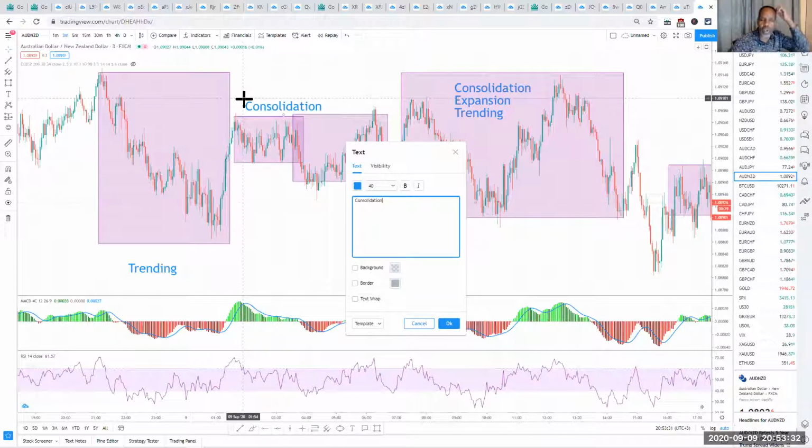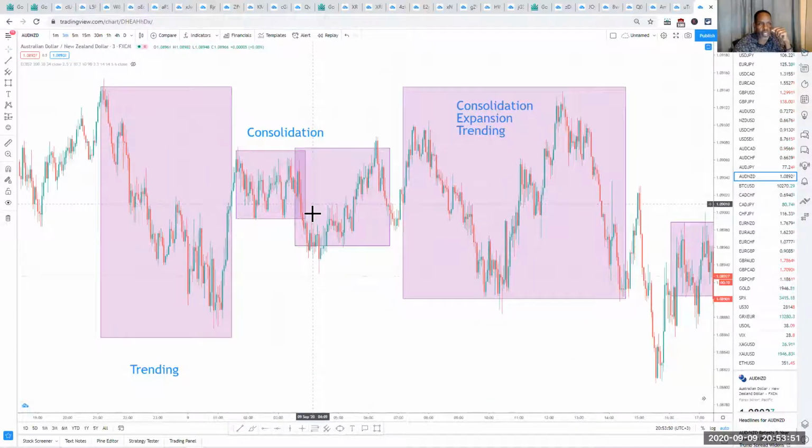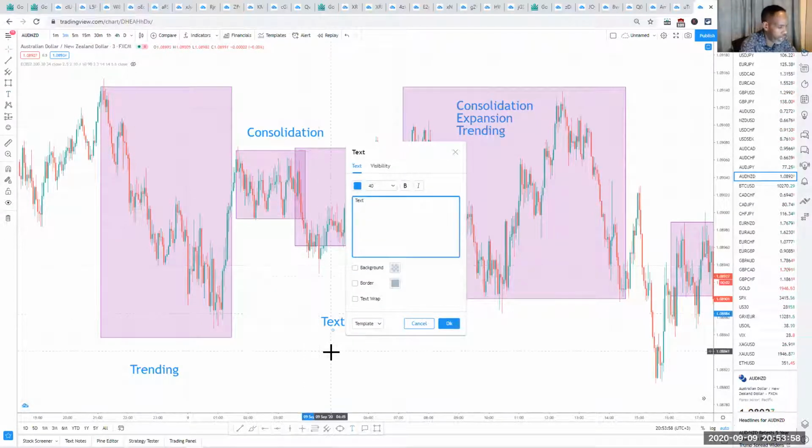Now, why am I telling you all these things? I'm telling you all these things so that you are able to choose the style of how you trade in any one of these areas, okay? So this one we had said was expansion.